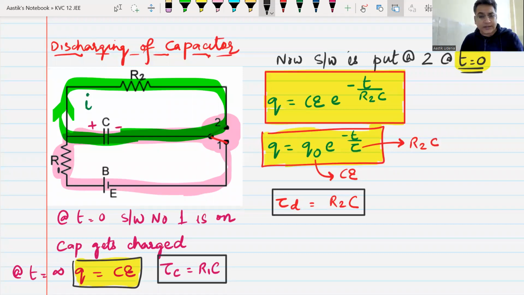Okay then. Here again we come across this word, the time constant of this circuit. Here it is the time constant of the discharging circuit. So we must now try to understand what the time constant of the discharging circuit is.